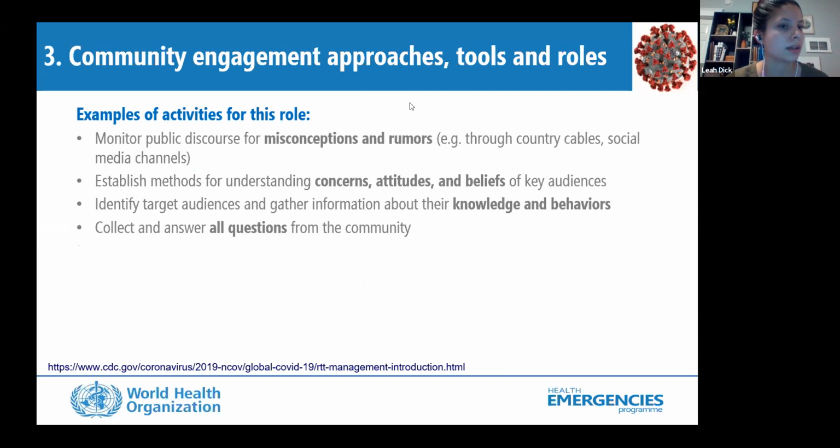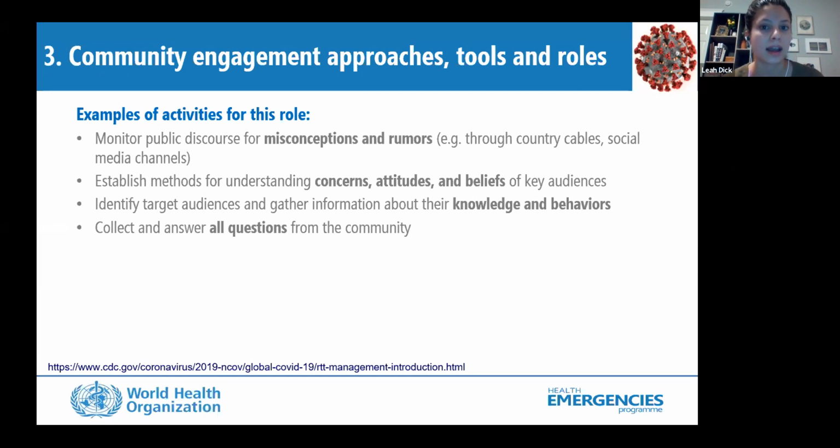Okay, so these are just some examples of activities, and some ways to tangibly build relationships with communities. You'll notice that a lot of the activities listed here, and this isn't an exhaustive list in any way, involve listening. We have monitoring public discourse for misconceptions and rumors.